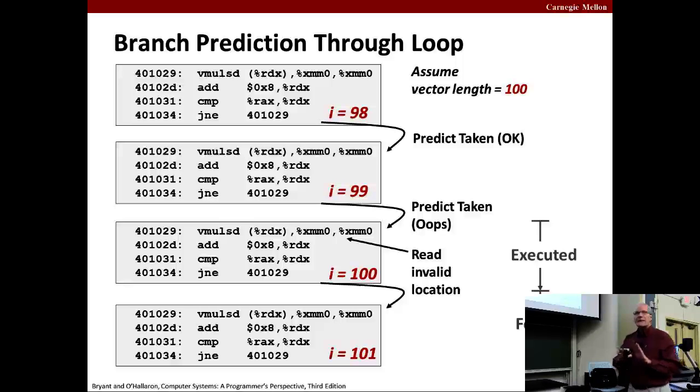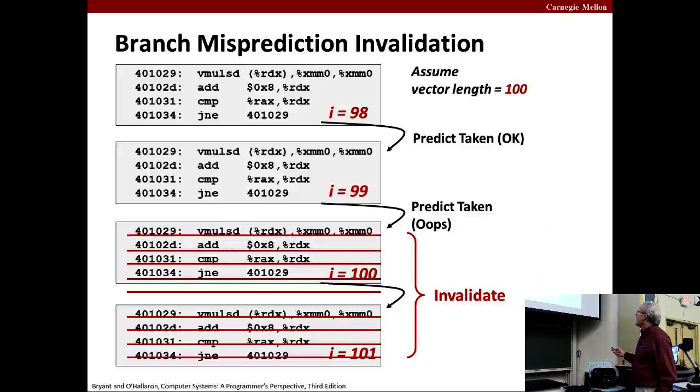And by all those guesses, basically create this long linear sequence of instructions that can be pulled in and executed. And in general, some of them will be fetched, and some of them you'll actually have done the operations that are called for in the instruction.